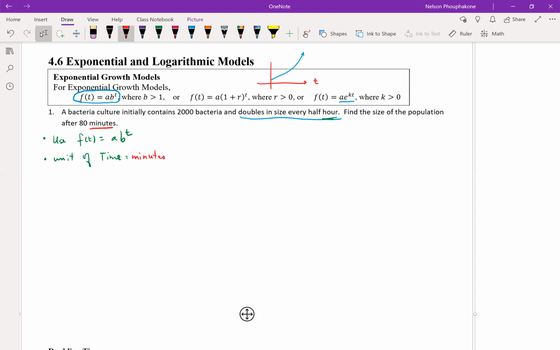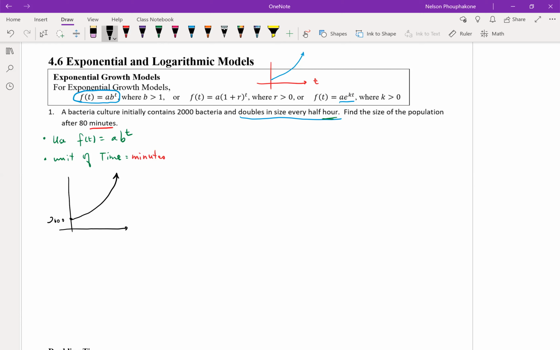Let us check it out. What information do I have? If I sketch it, the initial value is 2,000, and we double in size every half an hour, so the function is increasing.